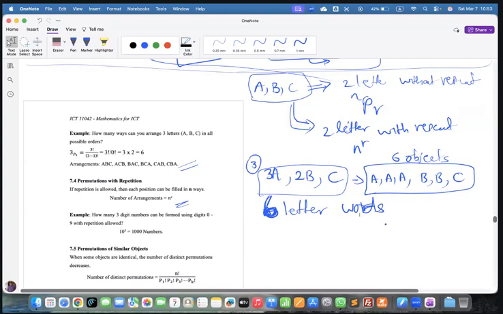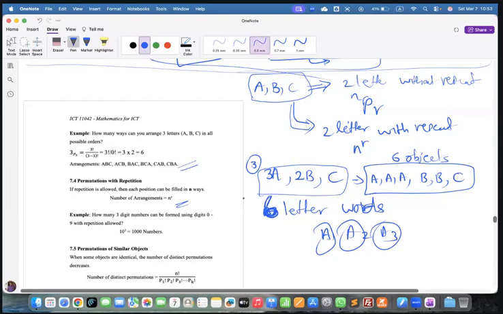So if you have 3 A's, we cannot say this is A1, A2, A3. All are A's. If you are making a word, we cannot say this is A1, this is A2, this is A3. Whatever the A, they give the same meaning or same word, right?